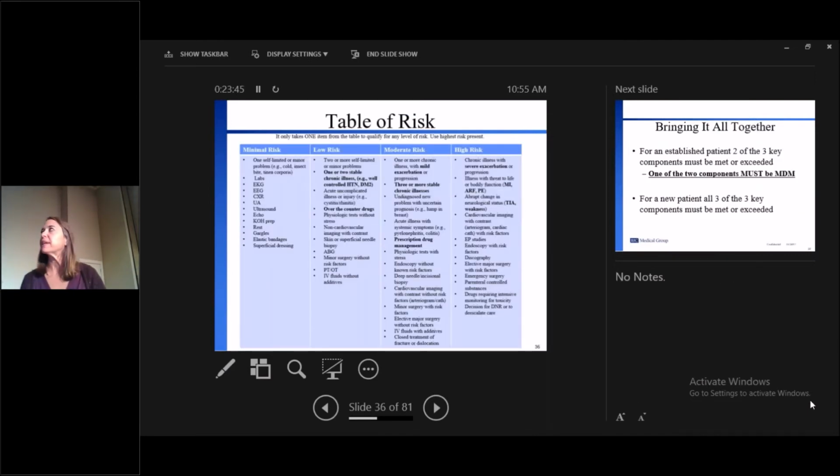So here's our table of risk. I know it's kind of a busy slide, but I highlighted the ones that give me the best idea of, okay, here's my table of risk. If you look at this, your minimal risk is going to be your 99212 visit. Okay, your low risk is going to be your 3, your moderate is your 4, and your high risk is going to be your 5 level visit.